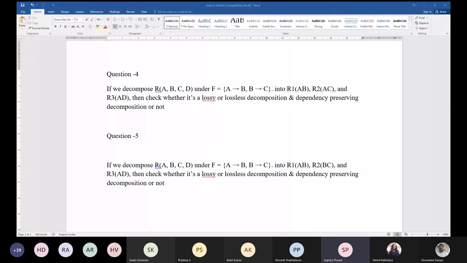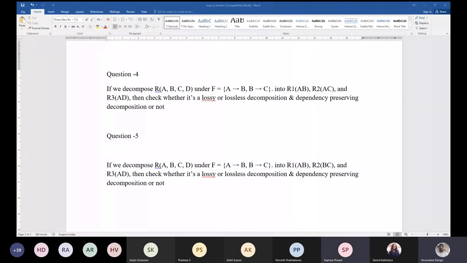The second condition is that the intersection should not be null, and the third condition is that the closure of R1 intersection R2 should logically determine either R1 or R2, that is, the super key of R1 or R2. Correct, these are the conditions. Correct, Supriya. So can you solve problem 4 and share the solution?